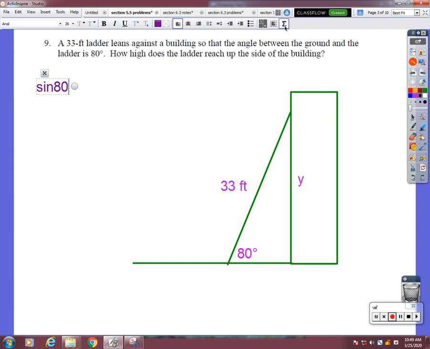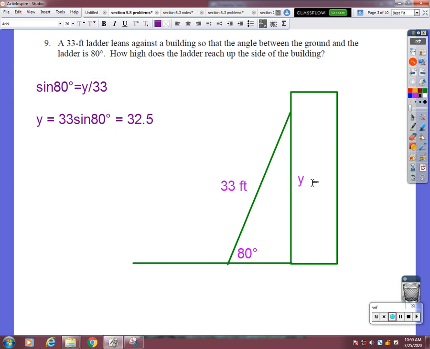So the sine of 80 degrees is equal to the opposite divided by the hypotenuse, which means if we multiply both sides by 33, y equals 33 times the sine of 80, which is 32.5.